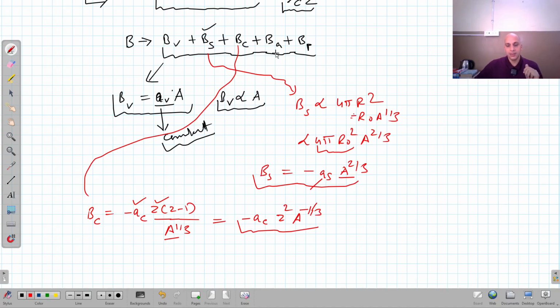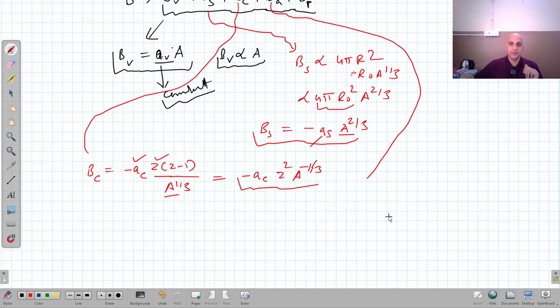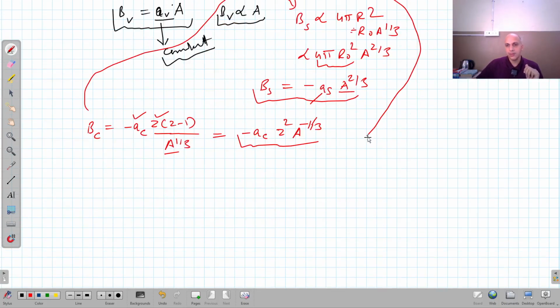The next term is the asymmetry energy term, B asymmetry. We know very well, I have explained the nuclear stability curve in the course nuclear and particle physics, you can refer to that, that in nuclei for which the mass number is small, Z is equal to N, the number of protons and neutrons are equal.